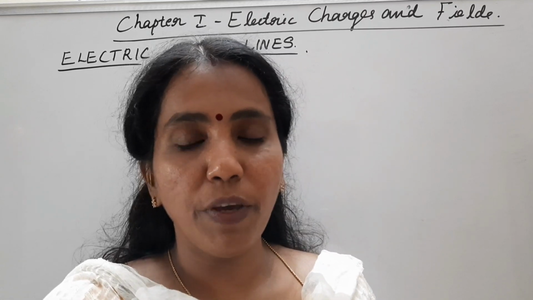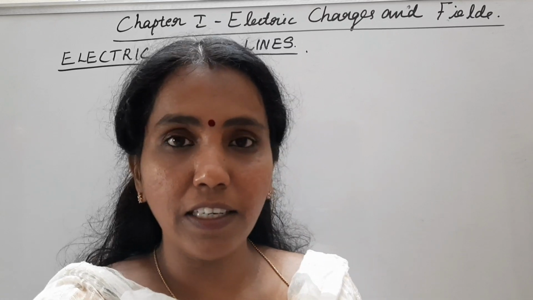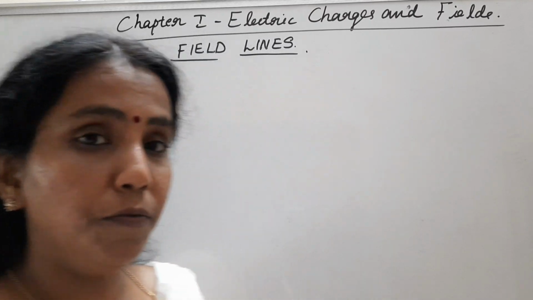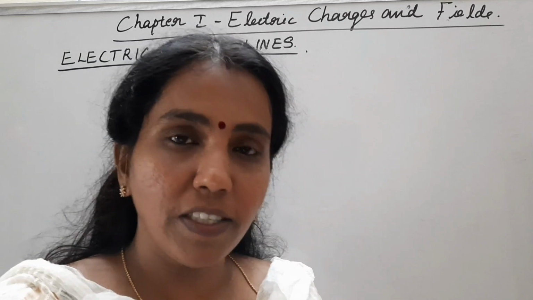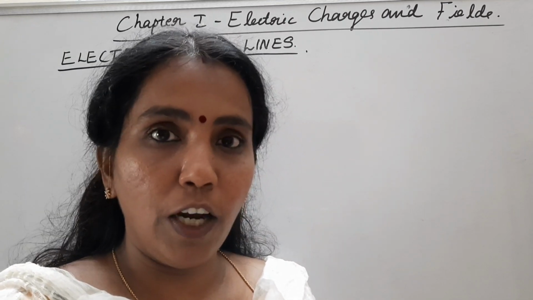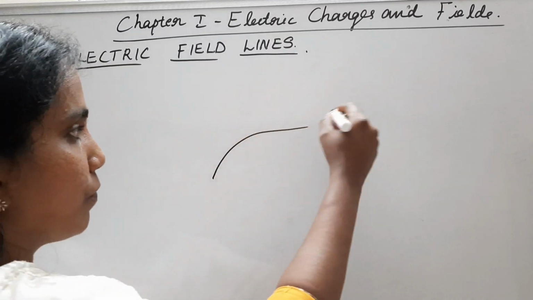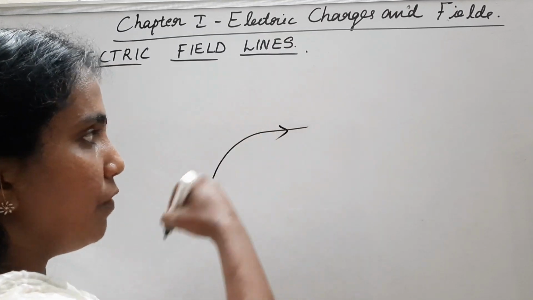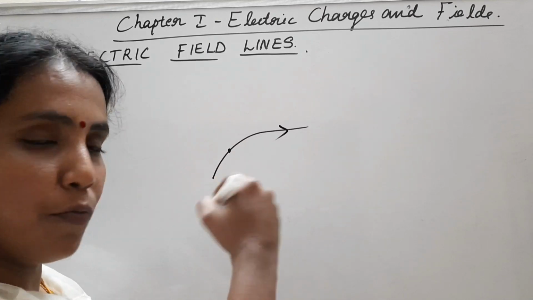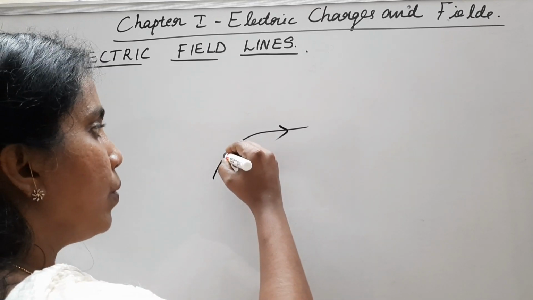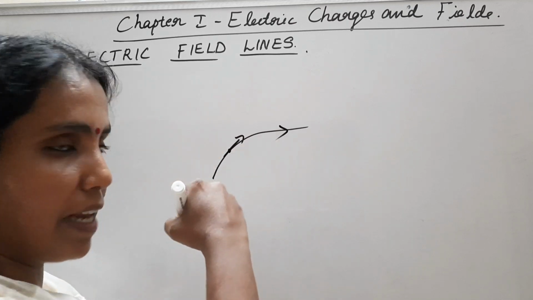Actually, what we mean by electric field lines are the curves which represent the electric field. Suppose this curve represents a field line. If you want to find the direction of electric field at any point, you have to draw the tangent at that point.